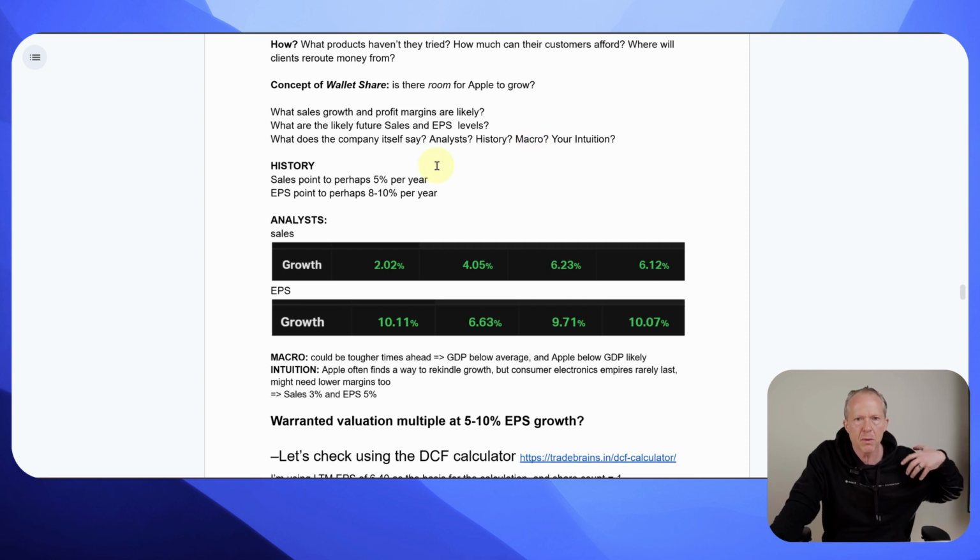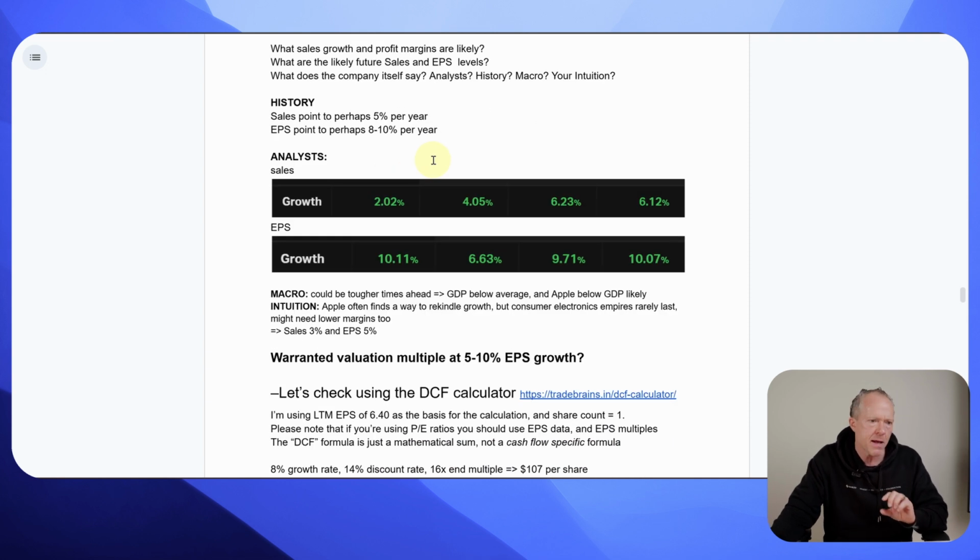I mean, can they come up with new product categories and make new growth bursts, or have they exhausted the wallet share of clients? Is there room for such a big company as Apple? Can they grow even bigger, and can they grow faster than the economy at this point?